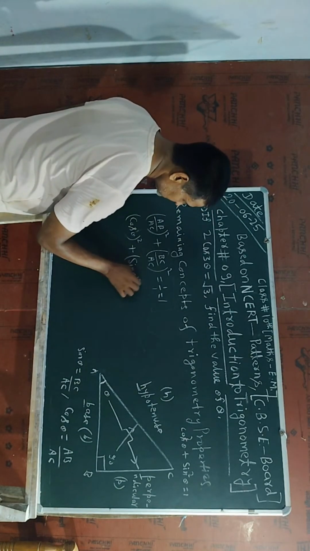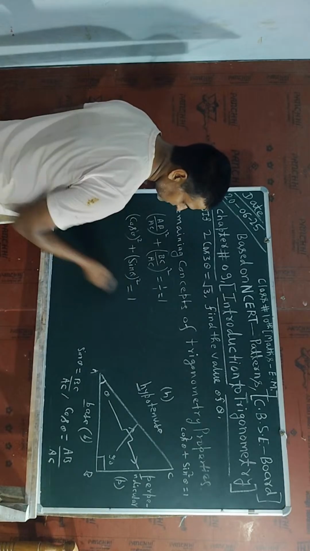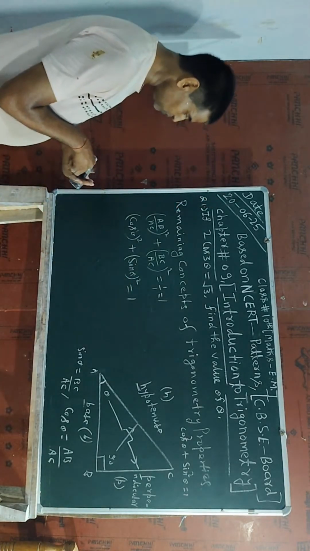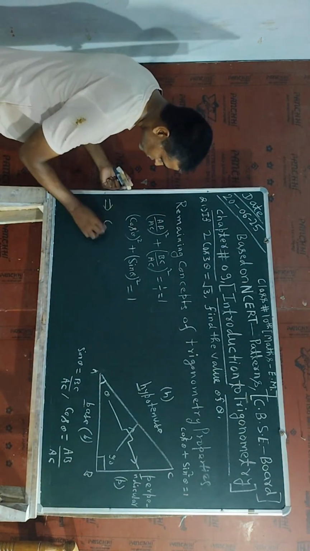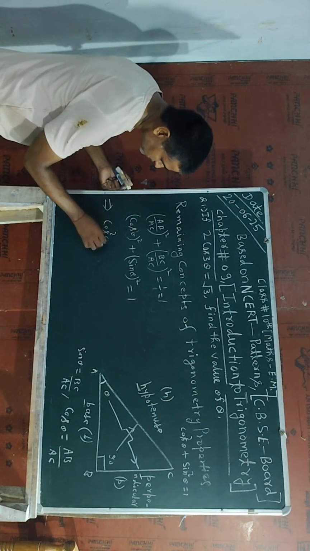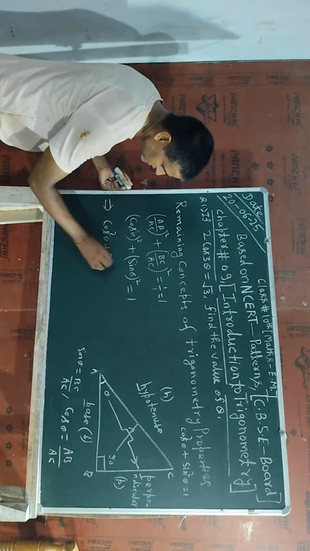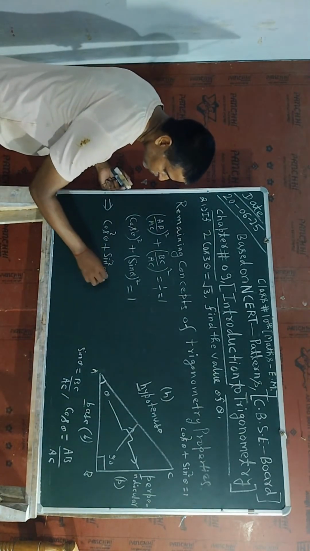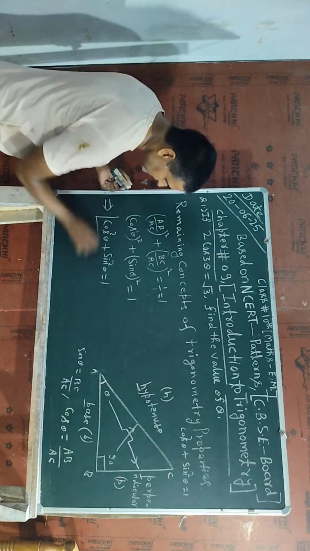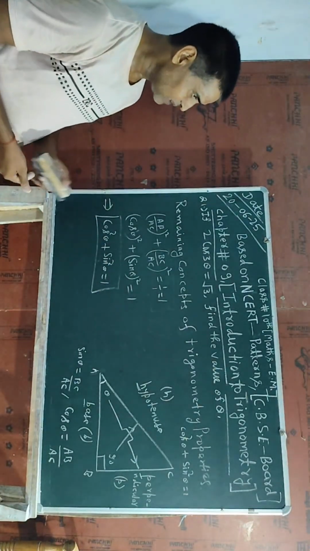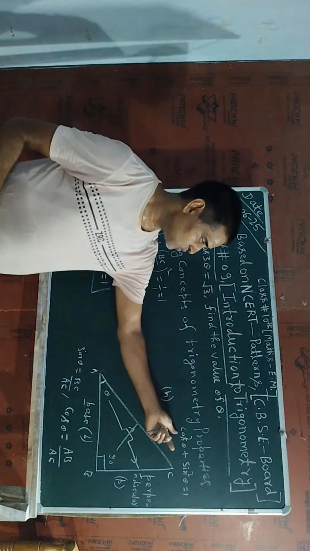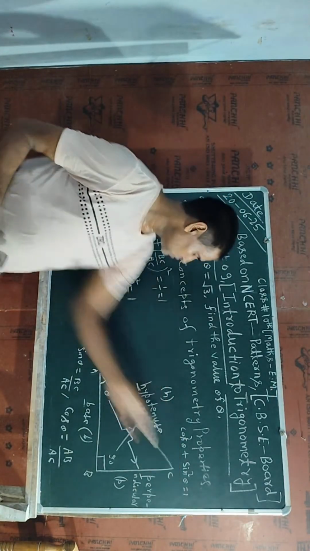I will take its square, which is equal to 1 in the right hand side. Again I will simplify. After simplifying, I can write it as cos square theta plus sin square theta, which is equal to 1. So left hand side value and right hand side value are proved. That is cos square theta plus sin square theta is equal to 1.